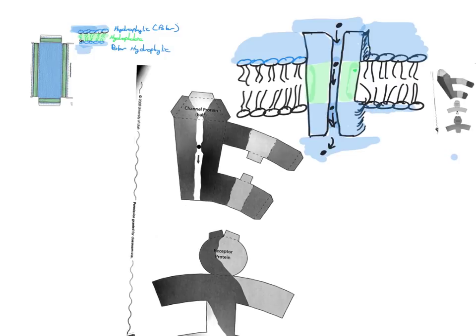And this part here is hydrophilic, right? And so you can see that when you draw out the protein, you can see that the green is on the inside here. Does everybody agree that this is how it would work out if you drew it?